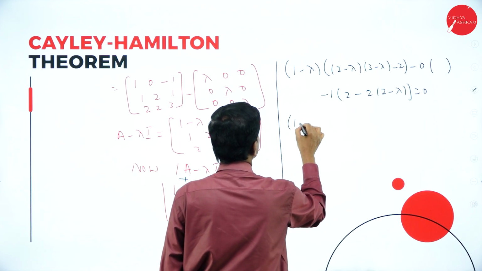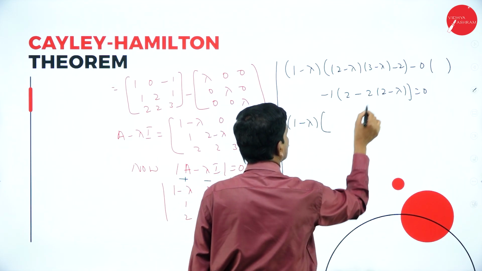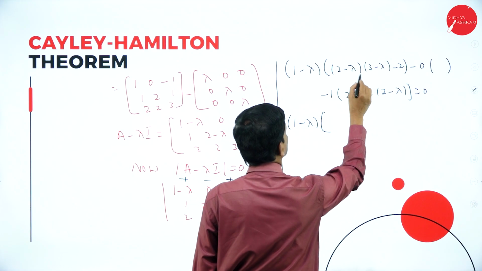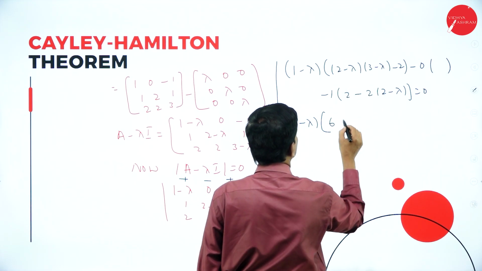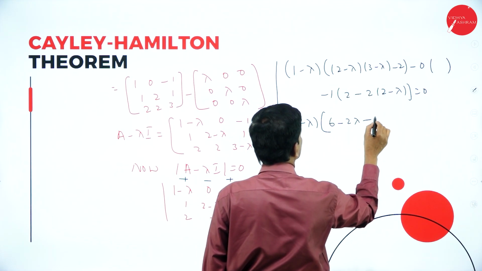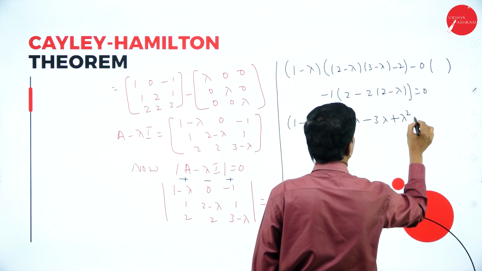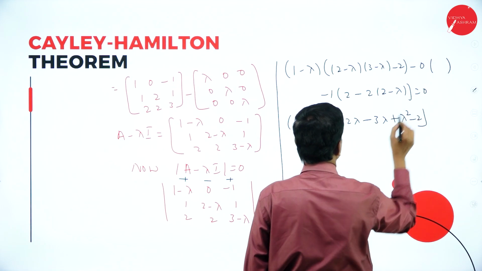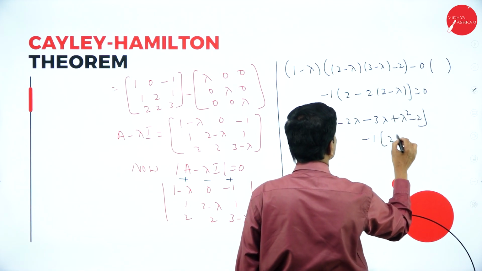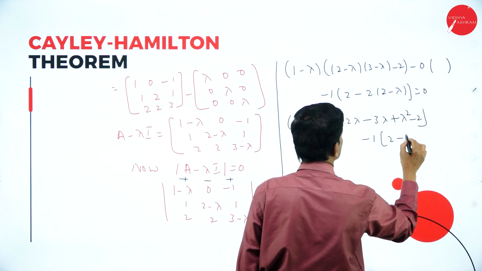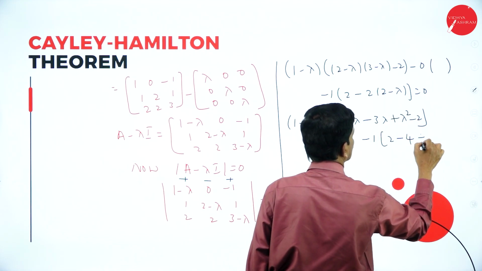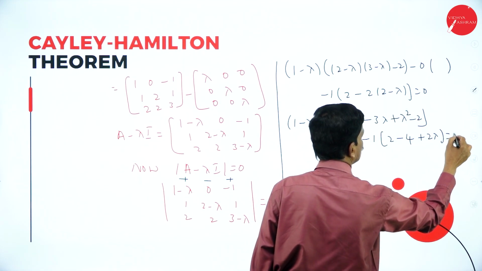So this is 1 minus lambda into, now just multiply these two. 2 into 3 is 6. 2 into minus lambda is minus 2 lambda. Minus 3 into lambda is minus 3 lambda. Minus into minus plus lambda square, minus 2. Minus 0 as it is. Minus 1 into 2, multiply by the negative sign, 2 2s are 4. Minus into minus plus 2 lambda is equal to 0.